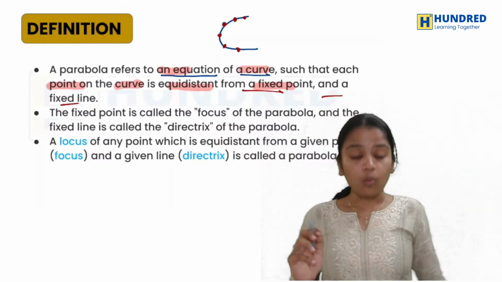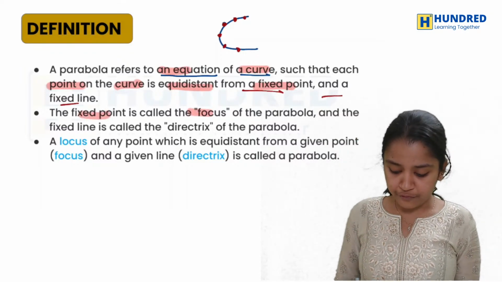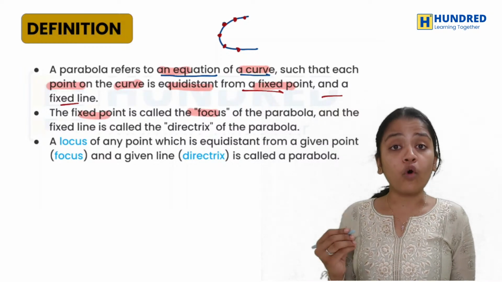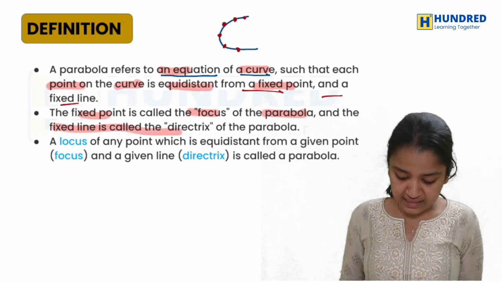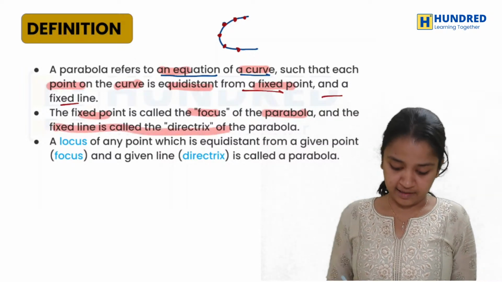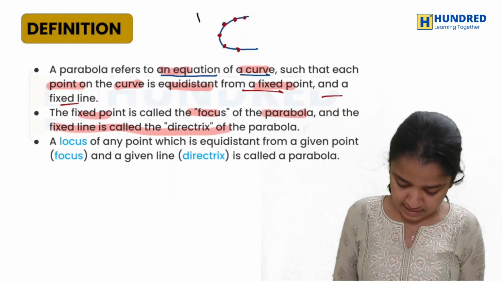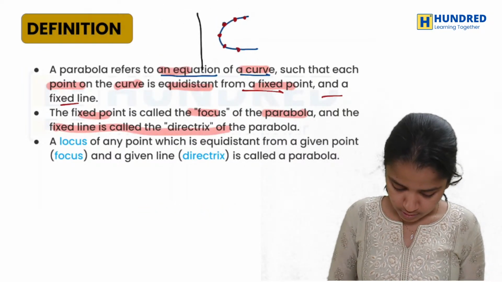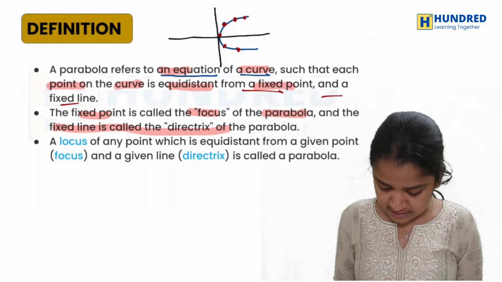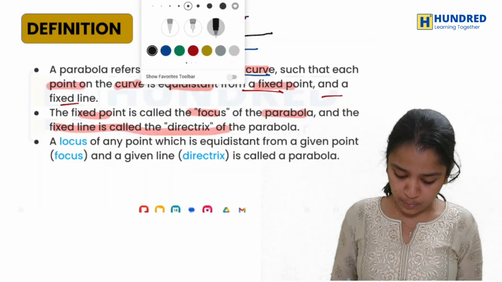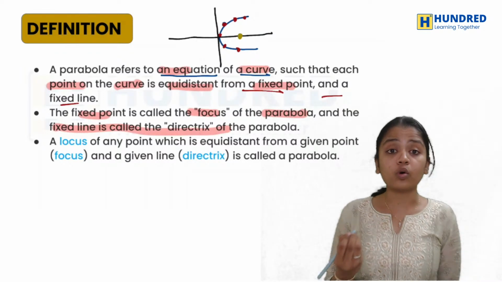What do you call that fixed point? You call that fixed point the focus of the parabola, and you call the fixed line the directrix. For example, this is your axis. And what is your fixed point? My fixed point is called my focus.